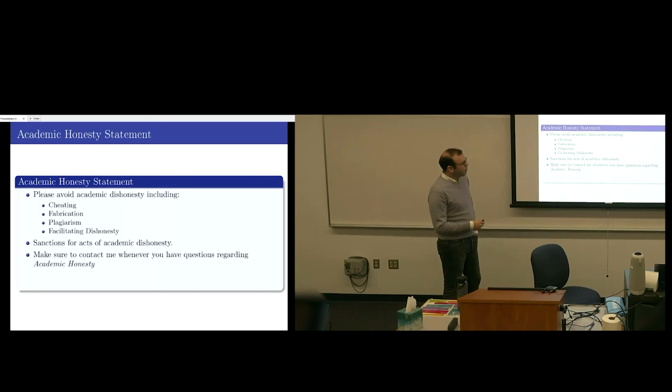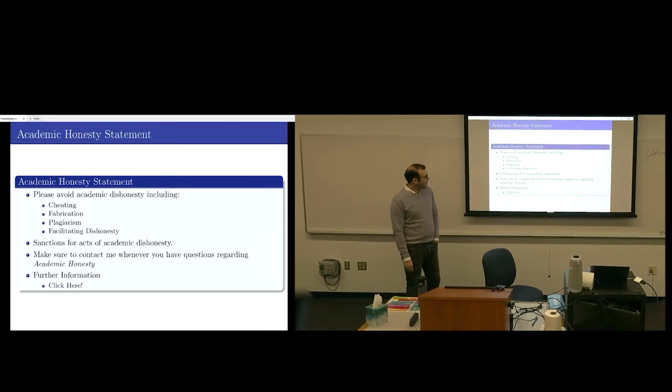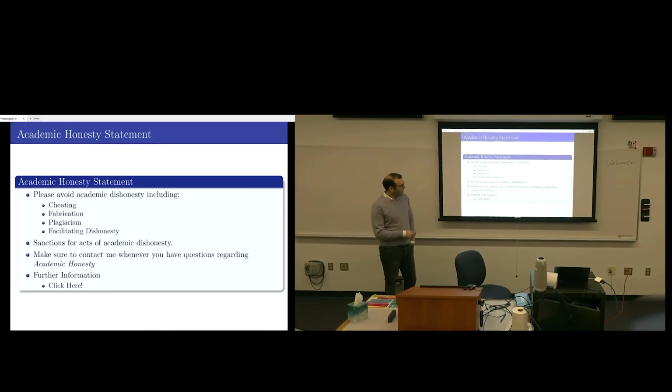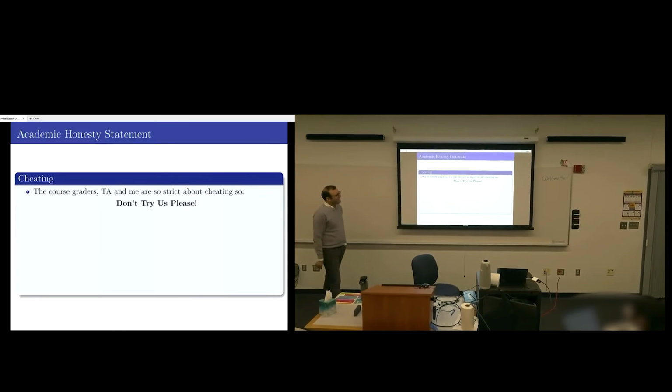If you are wondering whether something is a dishonest activity, make sure to contact me or her to understand the exact case. And finally, if you click this link, you can find further information about cheating.